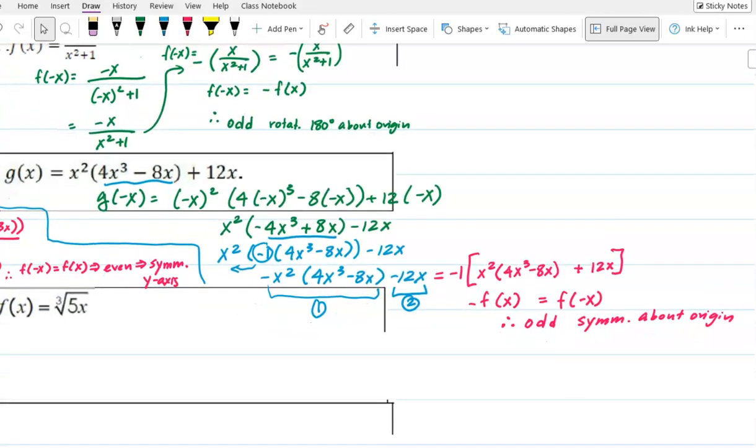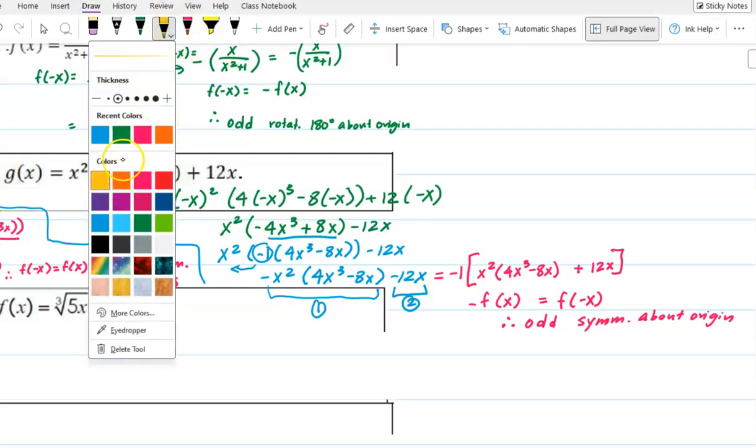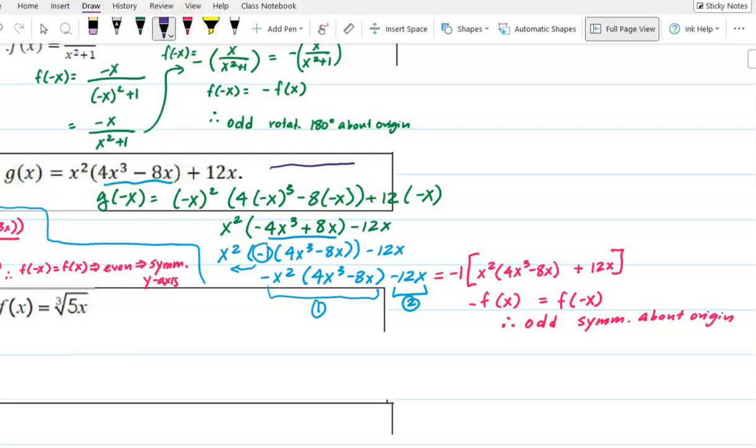Okay, now another way to do this is I could have simplified this, and that could have been 4x to the 5th minus 8x plus 12x. You could have simplified it like that. So that's g of x.